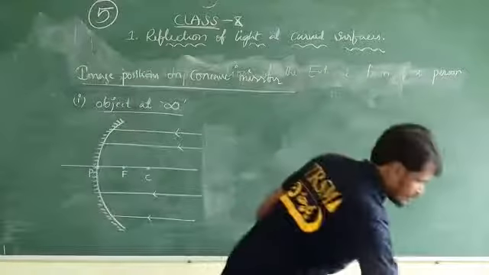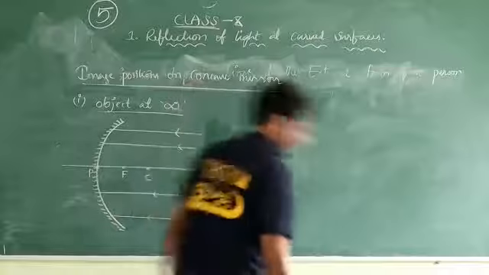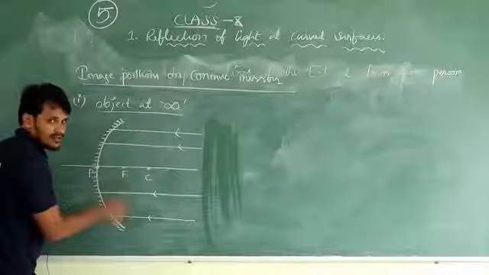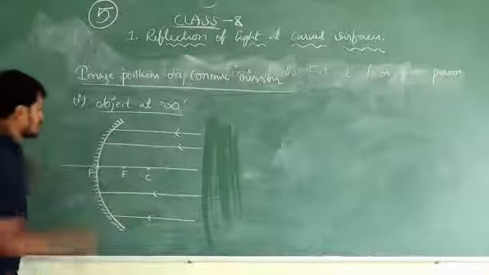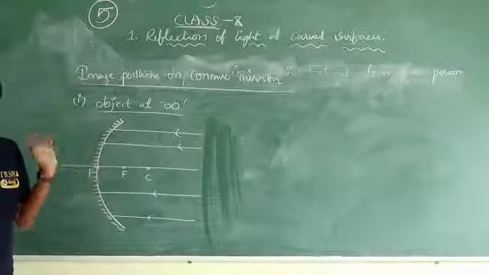These are incident rays. Now we know the 4 ray diagrams we saw in the last class.